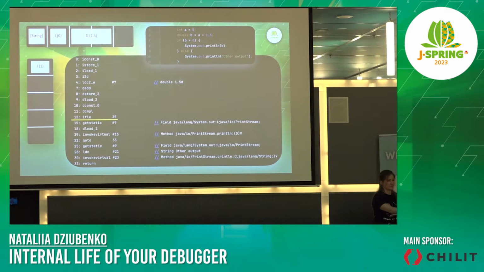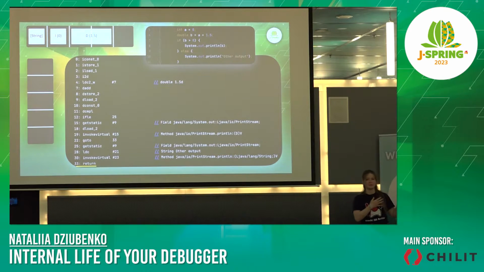And if this condition was true, we would jump to 25. We would load this static field again, and we would load some constant string value, which is the other output, and we will invoke the method the same way as we did before and just proceed to the next operation and return from the method.